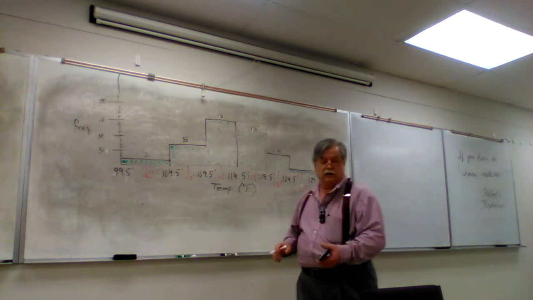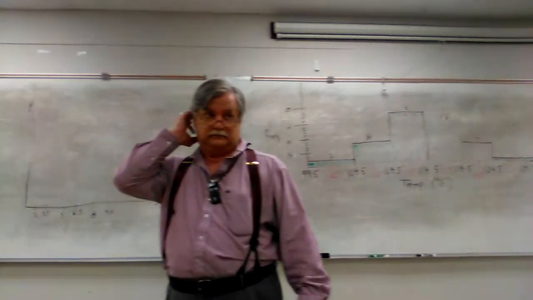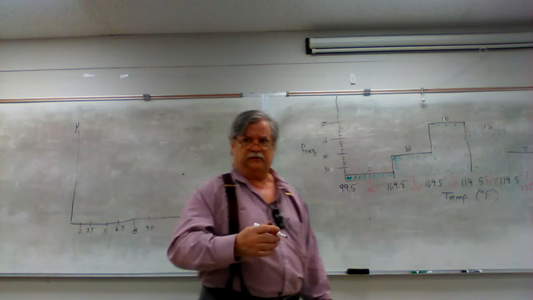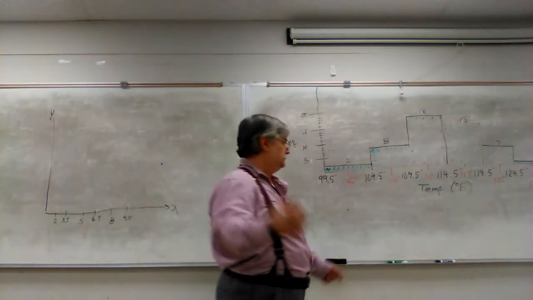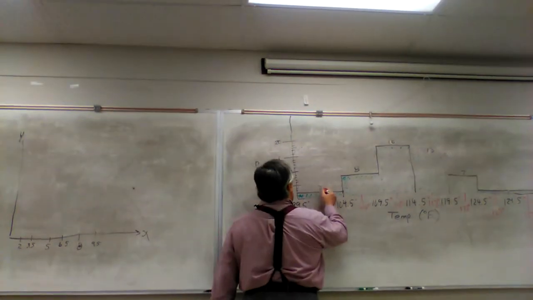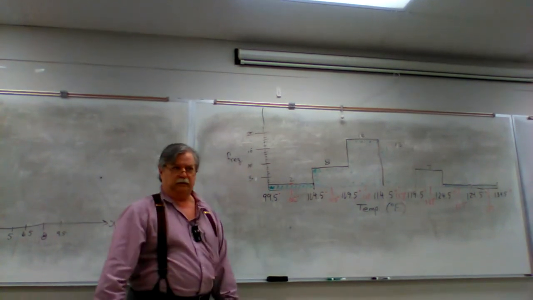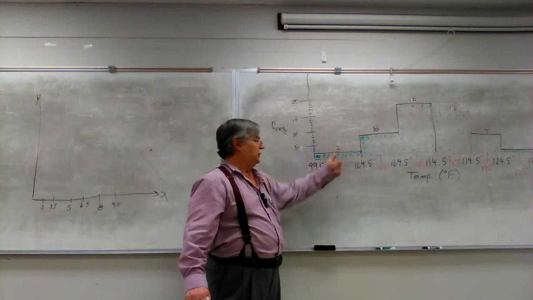Okay. Now, to plot our frequency polygon. What's a polygon? It's just a shape with multiple straight sides. So what we're going to do is here we've got 2. We plot a point at the midpoint of 102, right there.